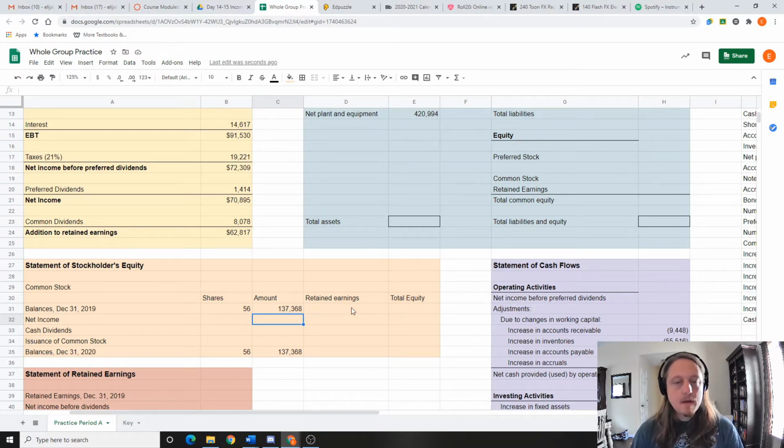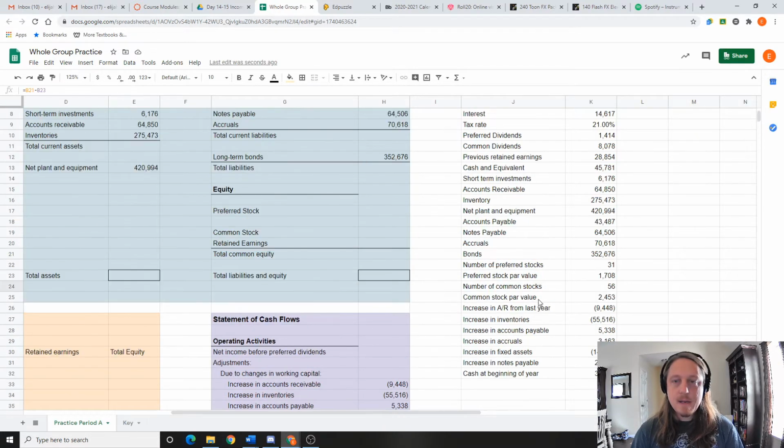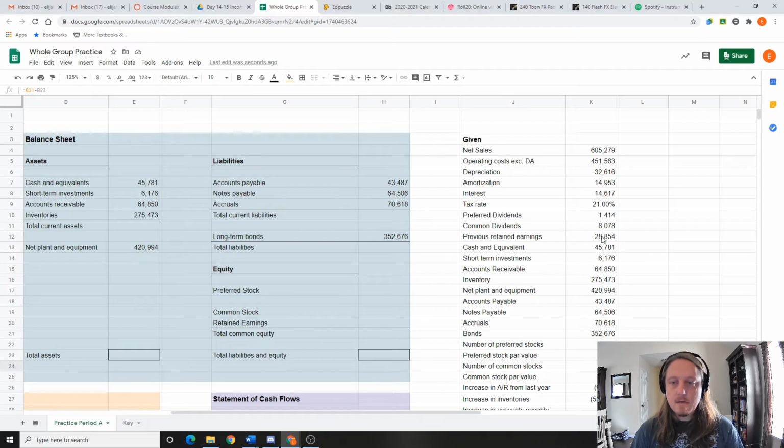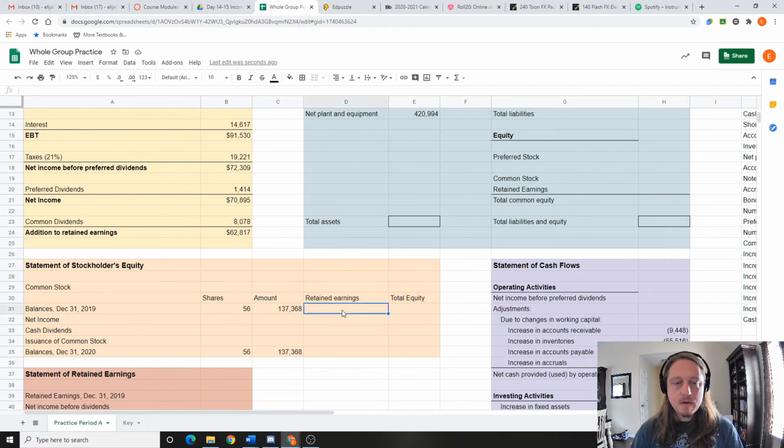Okay, and then how much retained earnings did we have from last year? Not this year. Here's this year's right here. We don't care about that yet. We want to know how much we kept in retained earnings from last year, and that's this number here, 28,854. Whoops, I used an equal sign, don't need that.